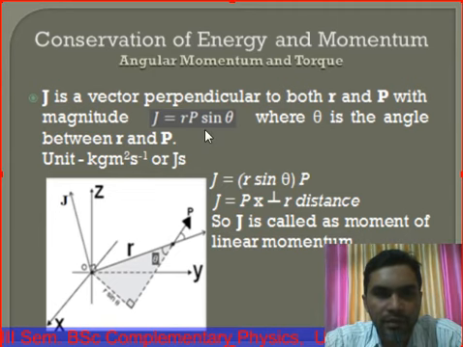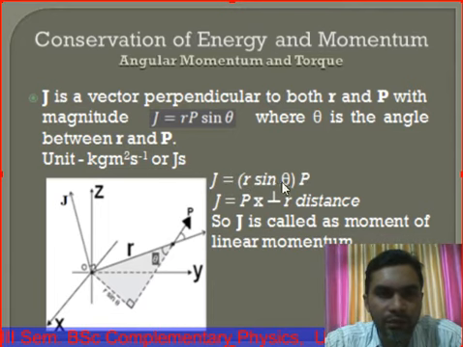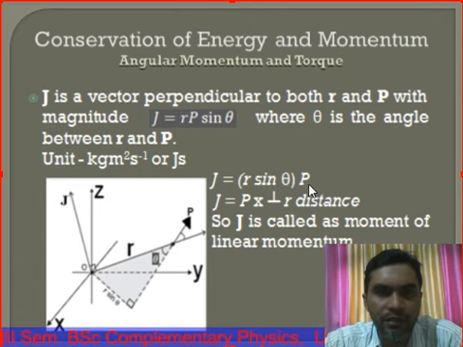We can write J is equal to r cross p as the magnitude of J is equal to r sine theta into p, because it is rp sine theta, it can be written as r sine theta into p. Now we look at this figure. Here r is the position vector of the particle as measured from some reference point O. Here this is the position vector r, and p is the linear momentum of that particle.